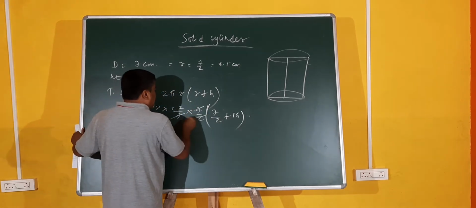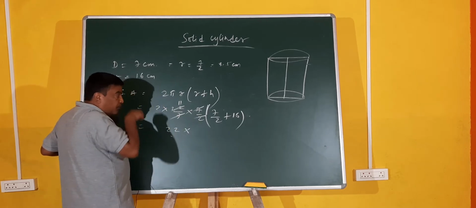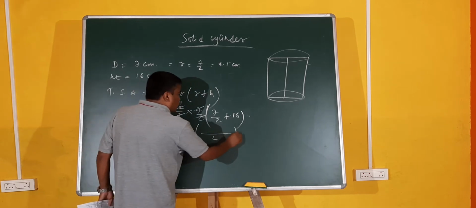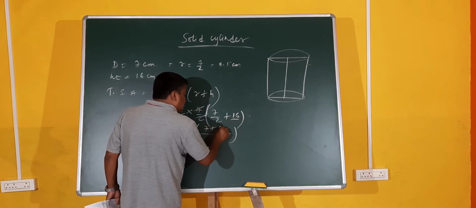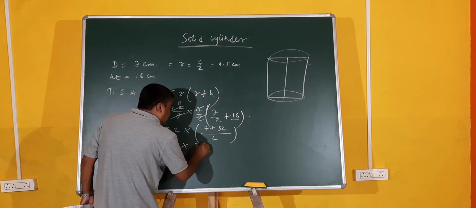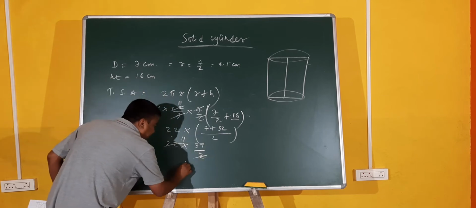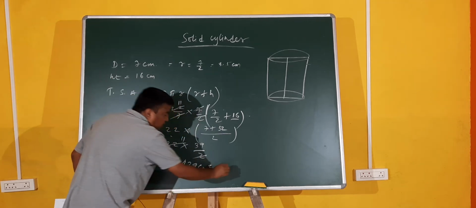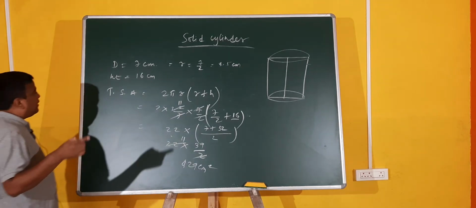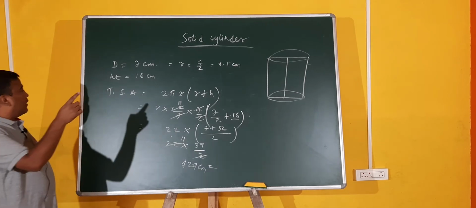This and this cancel. 2 11s are 22 into 22, taking LCM as 2, 7 plus 32. Now 22 into 39 divided by 2 is 11 into 39, which is 429 centimeter square. So in this way you have to find out area, circumference, volume, curved surface area and total surface area.